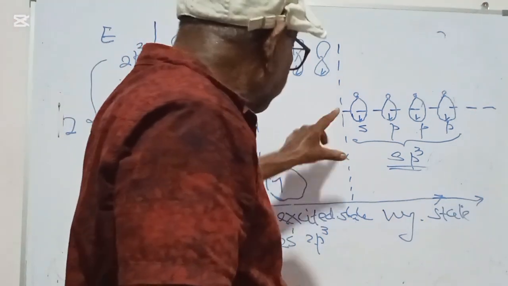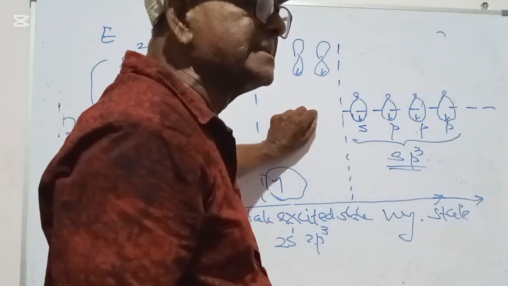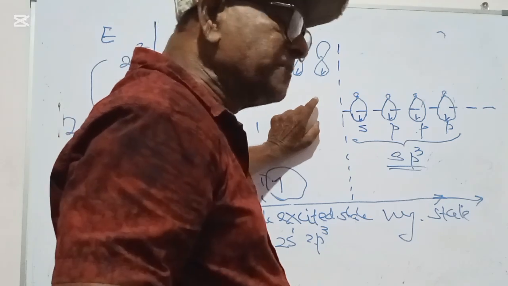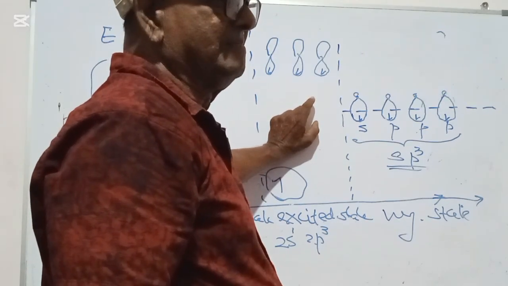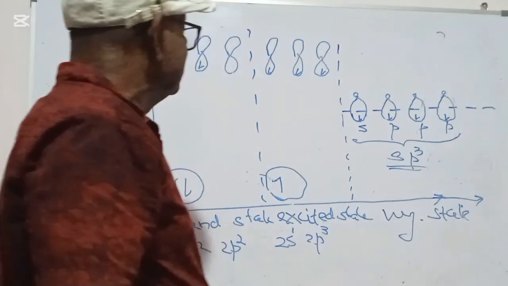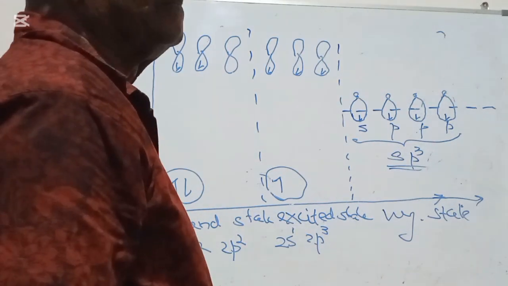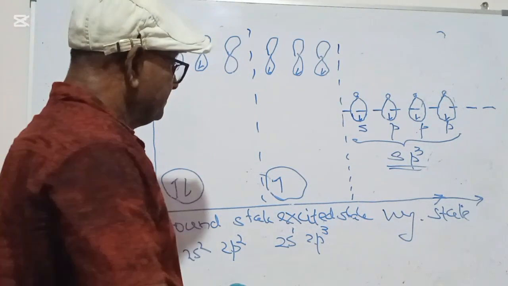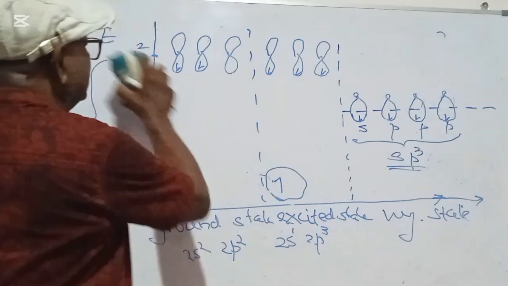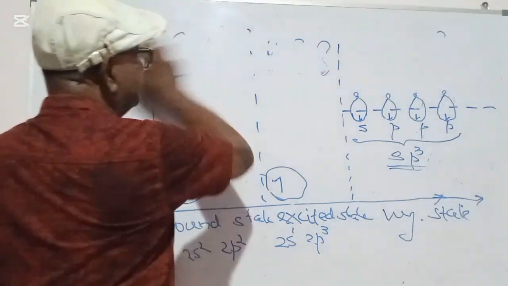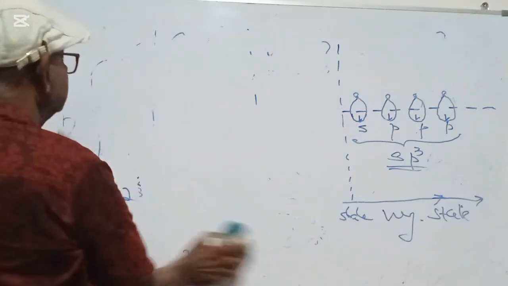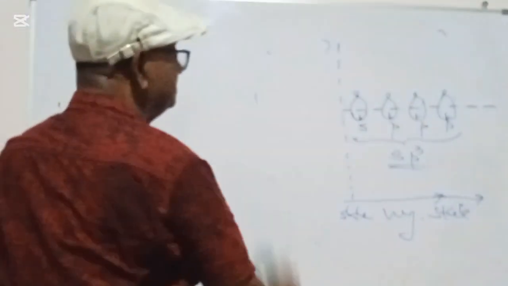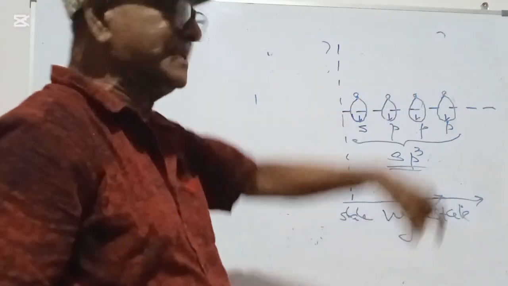This type of hybridization is explained as sp3 hybridization. So is it clear? Then after the hybridization, these are the hybridized four orbitals.